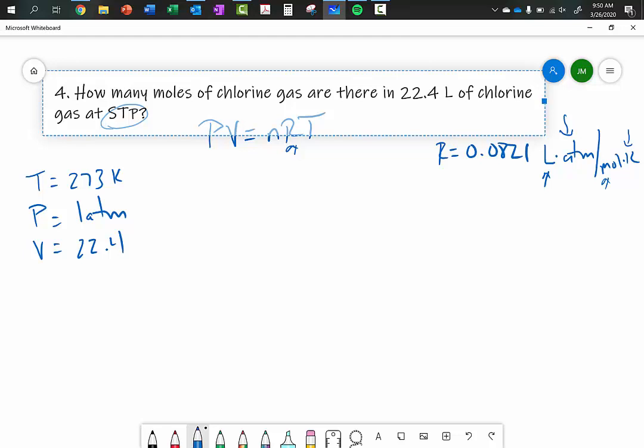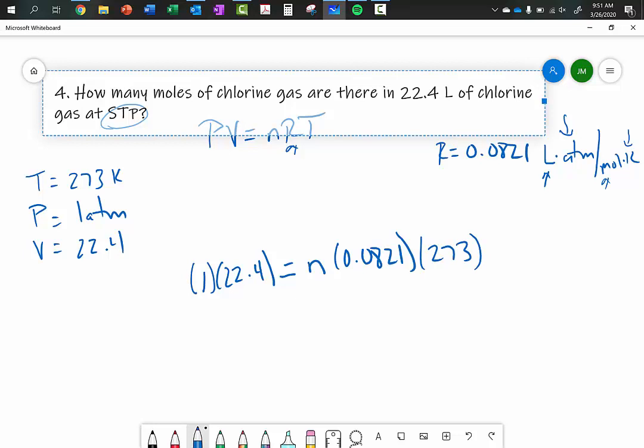I already have R, my temperature, pressure, and volume, so all I have to solve for is n, or moles. So I'm going to plug these into my equation. My pressure times my volume is equal to n times my gas constant and my temperature, 273.